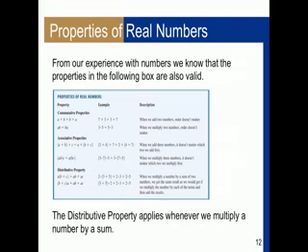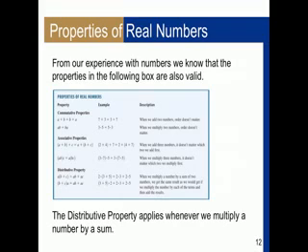Or for multiplication, a times b is going to be equal to b times a. And then we go into our associative property, and the associative property says the quantity of a plus b plus c is equal to a plus the quantity of b plus c. In other words, it doesn't matter what numbers you add together first, it's going to equal the same number.